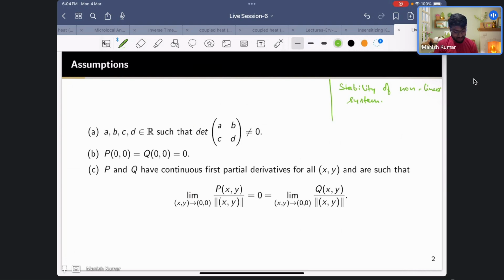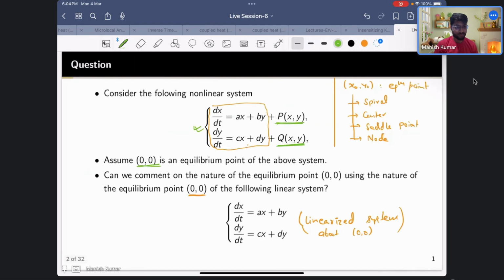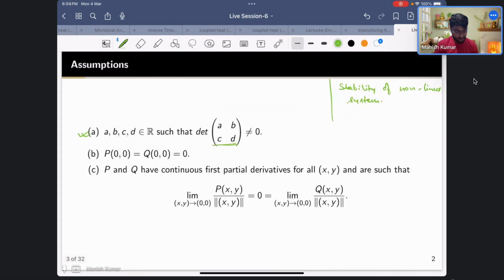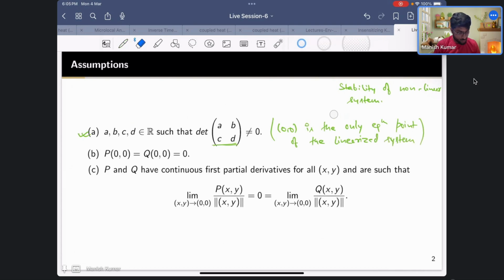We had similar assumptions there. The matrix of the linearized system should be such that (0,0) is the only equilibrium point of the linearized system.